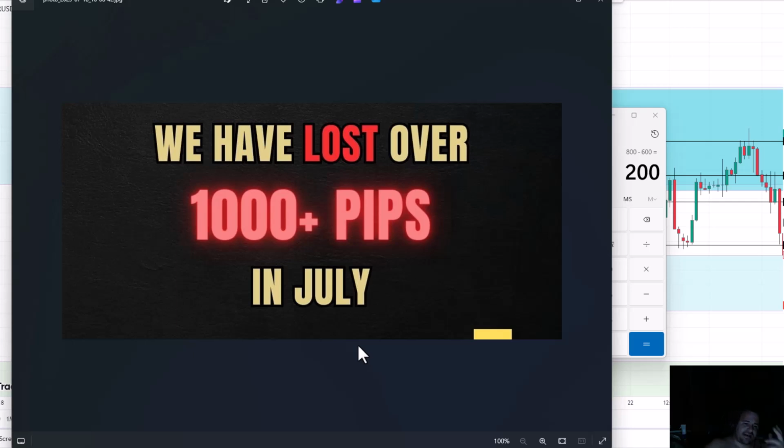Now I have another two strategies. One would be the orders that I'm taking personally with a very small stop loss, 1, 2, 3, 5, 10 pips stop loss.